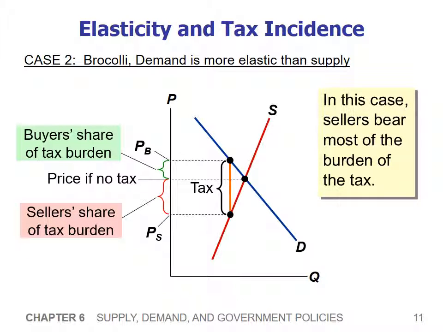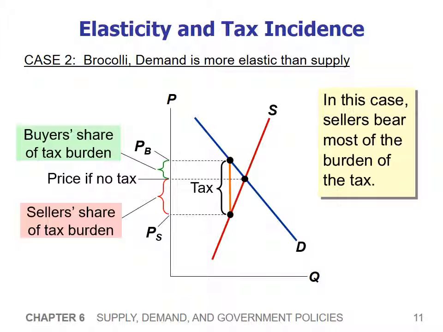So the lesson we have learned is that if the supply curve is more elastic than the demand curve, then it's the buyers who bear most of the tax. On the other hand, as in this case, if the supply curve is more inelastic than the demand curve, then it's the sellers on whom most of the burden of the tax will fall.